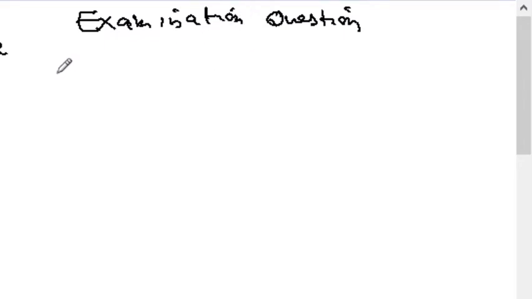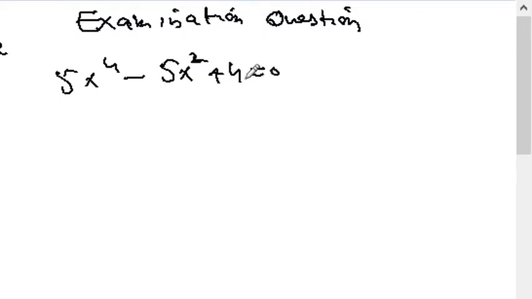The first question I'm doing is 5x^4 minus 5x^2 plus 4 equals 0. Now look at this. We are familiar with this thing.